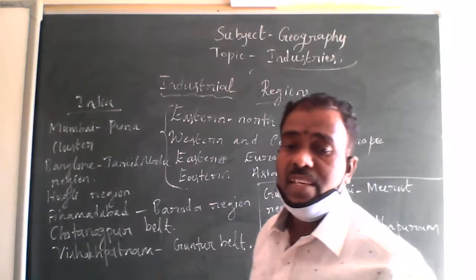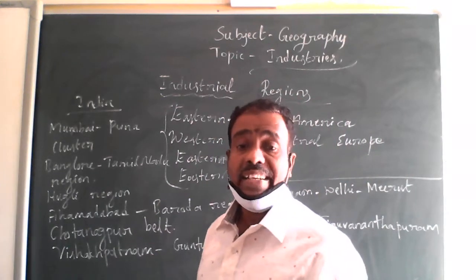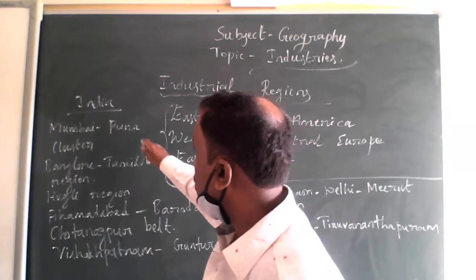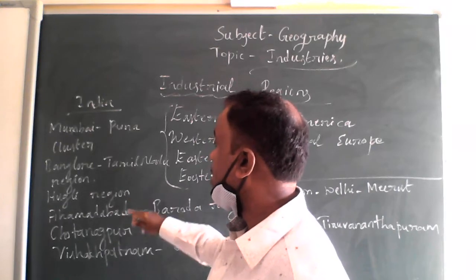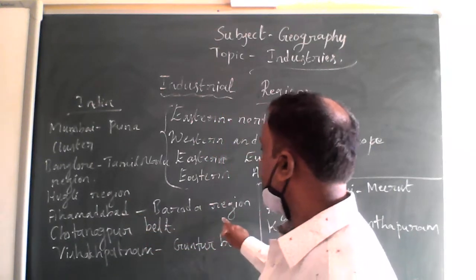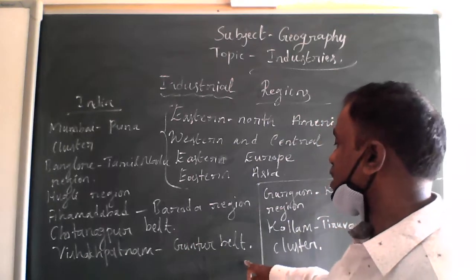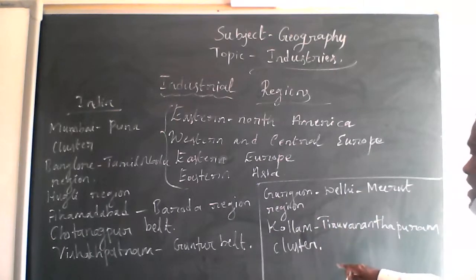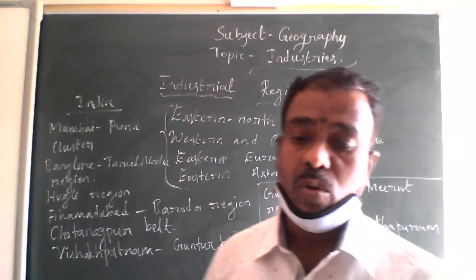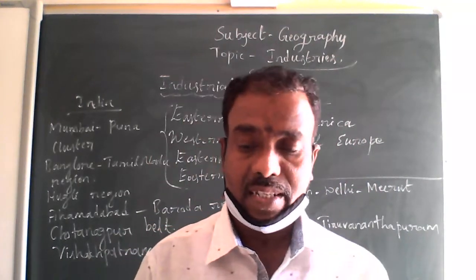And India's major industrial regions are Mumbai Pune cluster, Bangalore Tamil Nadu region, Hooghly region, Ahmedabad Baroda region, Chota Nagpur industrial belt, Visakhapatnam and Guntur industrial belt, Gurgaon Delhi Meerut industrial region, and Kollam Thiruvananthapuram industrial cluster. So these are the industrial regions of our country.